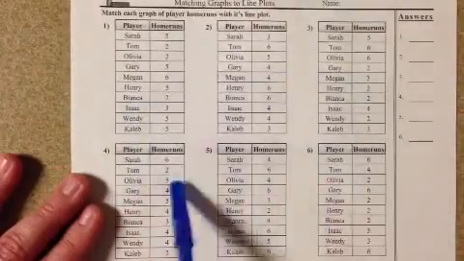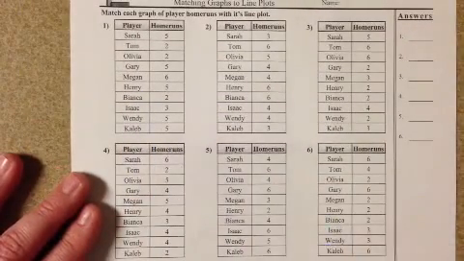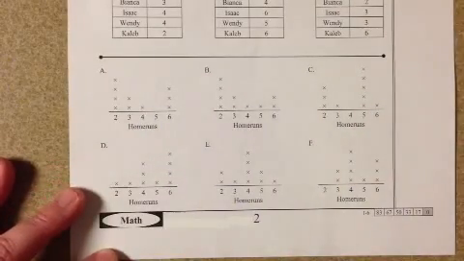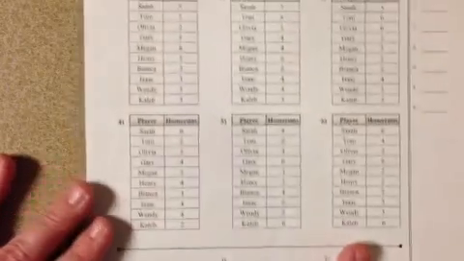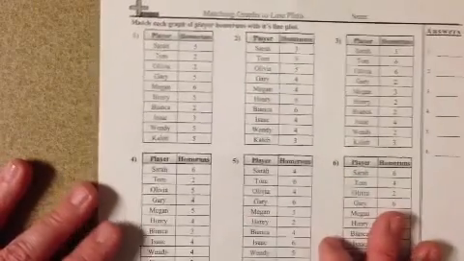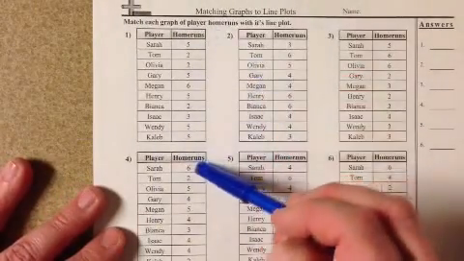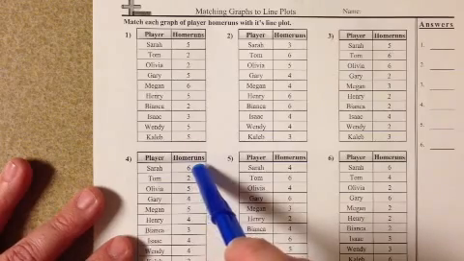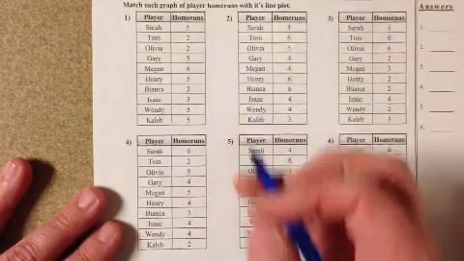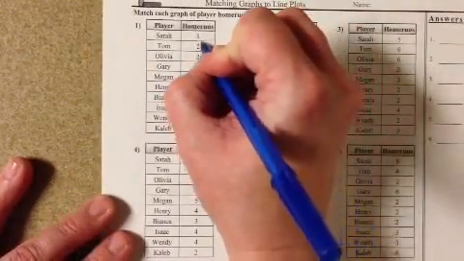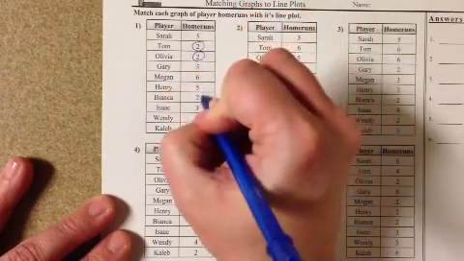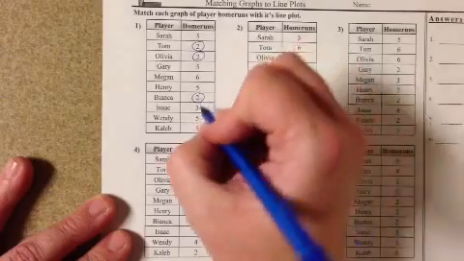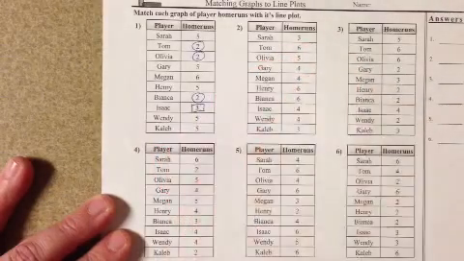We have 6 examples of some charts, and we're going to align them up with the correct number plot. So what we need to do is look and see how many of these numbers happen each time. If we look at the 2, we have 1, 2, 3 2s. Okay? And then we have 1 3.